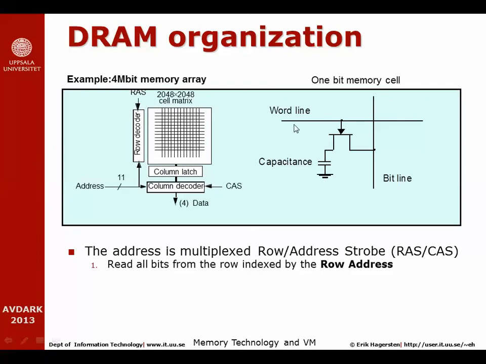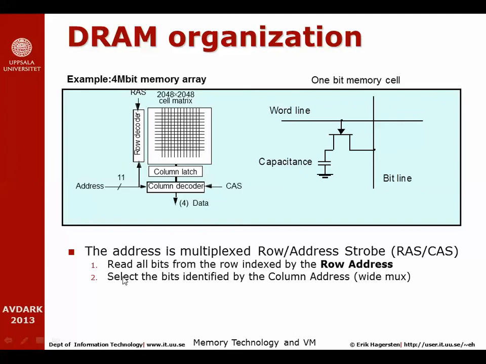So one of these lines will be activated, and that means that the charge stored on all those 2K capacitors will now be able to be read out to this bit line here, or column line. So all the bits, the 2K bits stored in that line, will be read down here to the column latch.